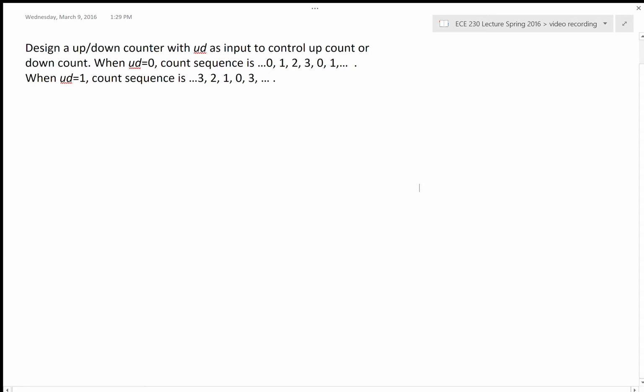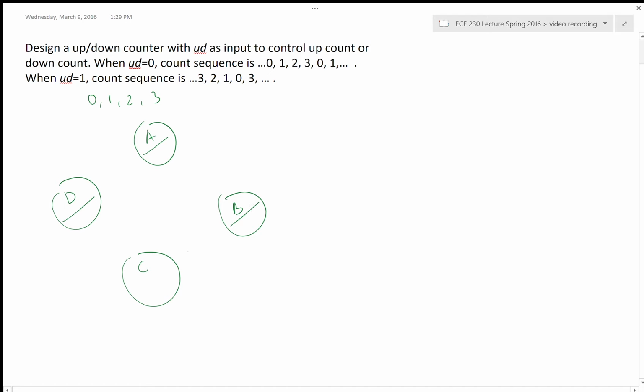Okay, folks, in this example we have count values 0, 1, 2, and 3. This means that we can represent this using 4 states: A, B, C, and D. The top part is the state name, the bottom part is the output.